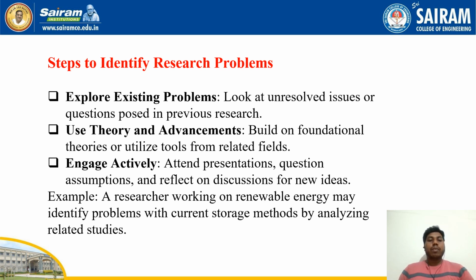Third, engage actively in discussions, ask questions, and reflect on different perspectives. For instance, a researcher working on renewable energy might discover problems with energy storage by analyzing related studies and advancements. The key is to find a problem that is both relevant and significant.